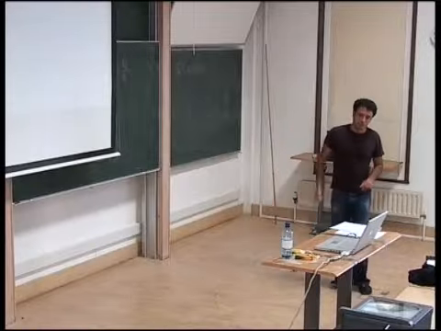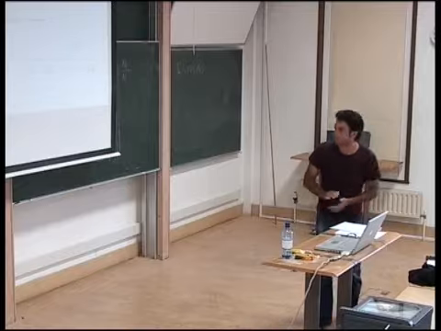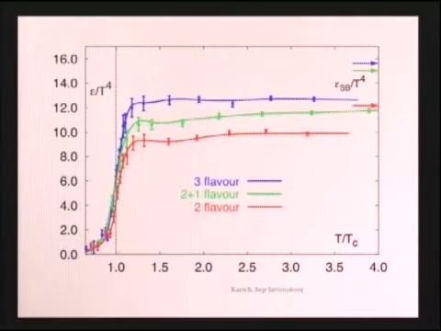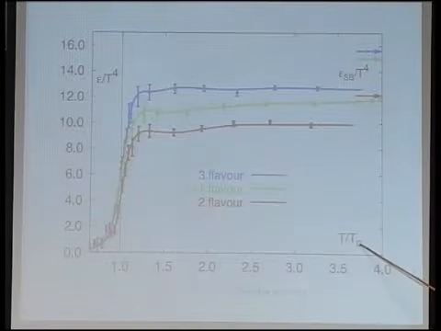This plot is a plot of the energy density in units of T to the fourth for QCD for different numbers of flavors as a function of the dimensionless temperature, T over the critical temperature, or the deconfinement temperature.